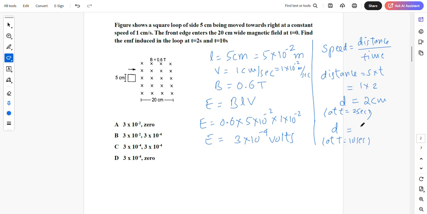Distance is equal to speed into time, that is 1 into 10, which is 10 centimeter.